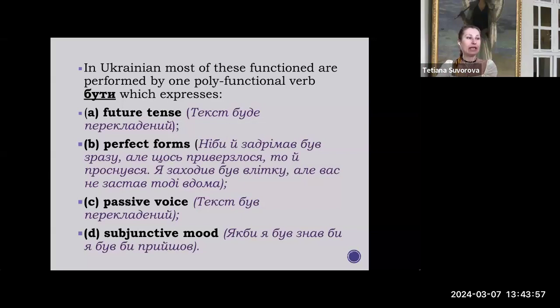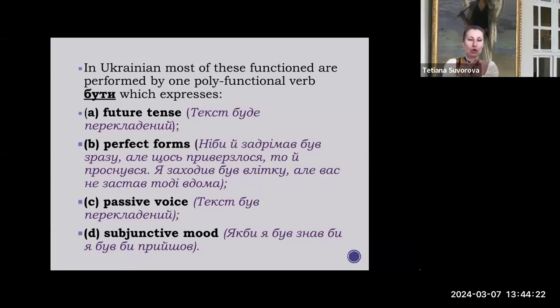And passive, text був перекладений, so here it absolutely corresponds to the English. And the subjunctive mood, якби я був знав, можна сказати, якби я знав, it is already subjunctive mood, but more stylish, yeah, it's more high top to say in Ukrainian, якби я був знав.